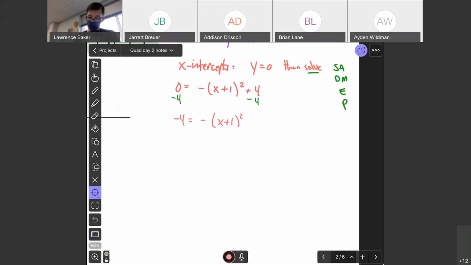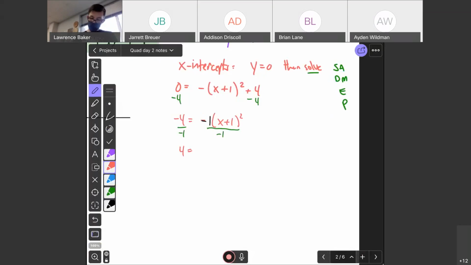You remember that negative here is actually a negative 1. That's multiplying those parentheses. So I need to get rid of that negative 1, and since it's multiplying, I divide by negative 1 to get rid of it. So on the left side, we have a 4 now. On the right side, we have (x plus 1) squared.